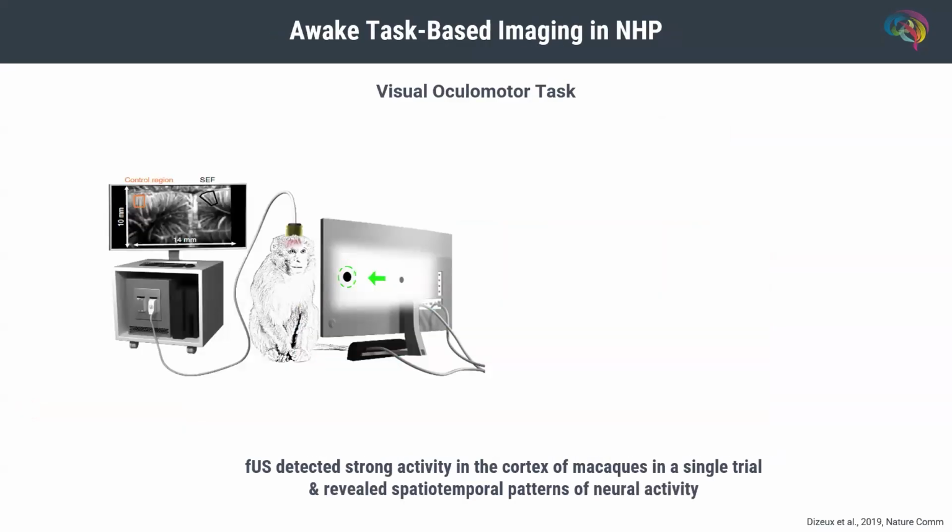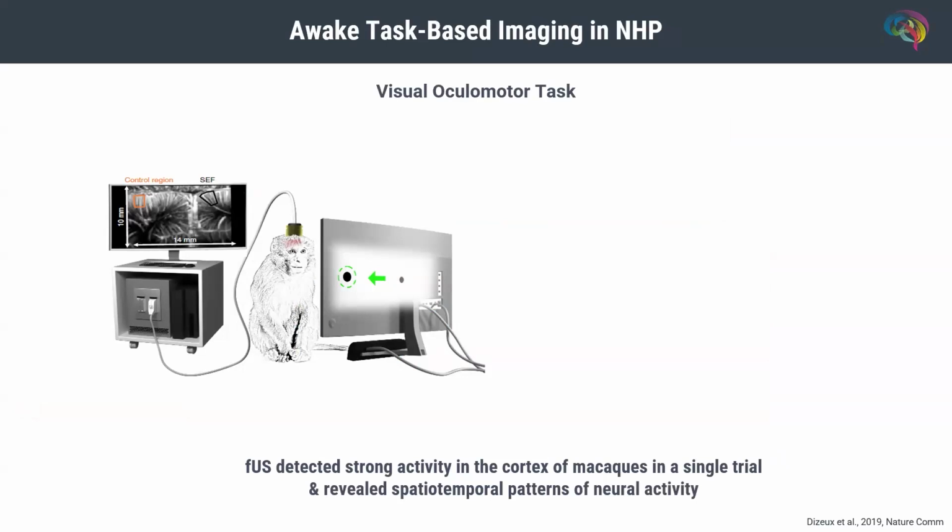And finally, for this section, we said not only rodents, and indeed functional ultrasound has also been used on non-human primates, in this example macaques, where the neural activity in these two macaque monkeys was recorded during an eye movement task, so a visual oculomotor task, as you see in the title.